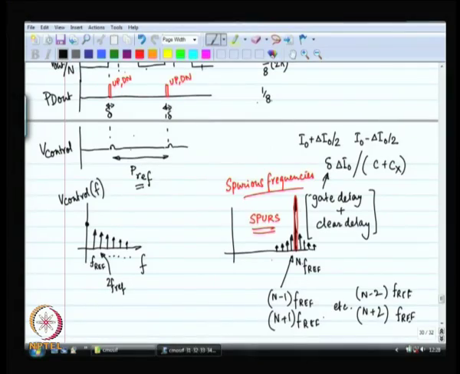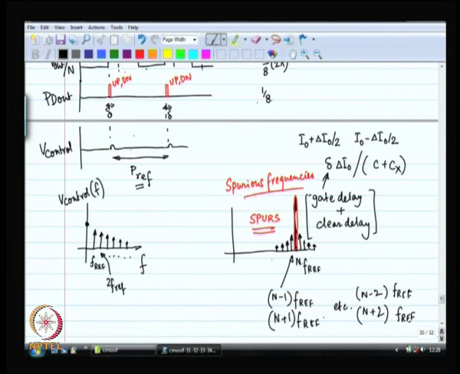Now, these glitches are going to appear periodically at a frequency of the reference frequency. That is the periodicity involved, which means that if I look at a plot of the spectrum of the control signal, then I will have a DC, and I am going to have all of these tones.